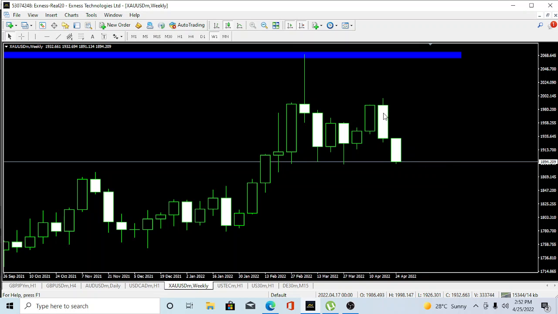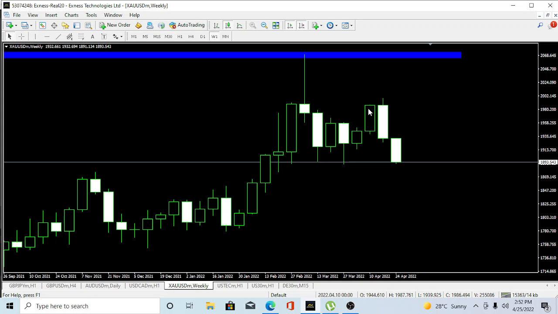The previous candlestick, the last week candlestick, this is last week candlestick. As you can see, we call this candlestick an engulfing pattern. It is an engulfing pattern because the candlestick before last week's candle is bullish.